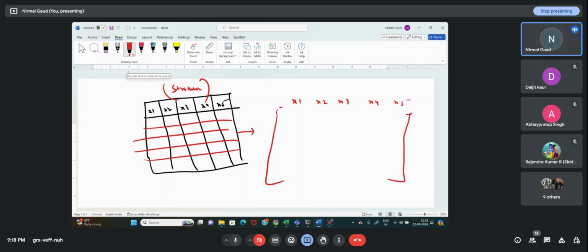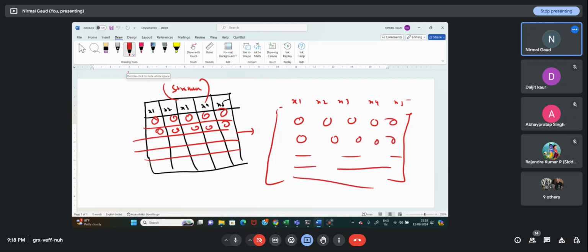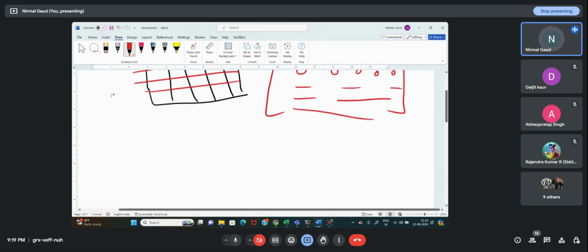So if I want to represent it in the form of a matrix, what I'm going to do is, let us make a matrix. Whatever entries are present here, just put them here. This is row number one, this is row number two, and so on. And you are given the unknowns.